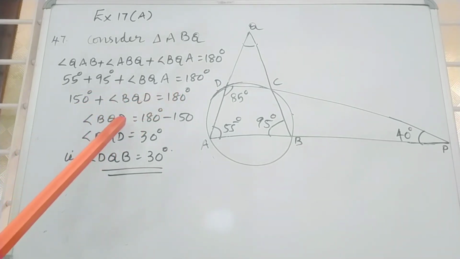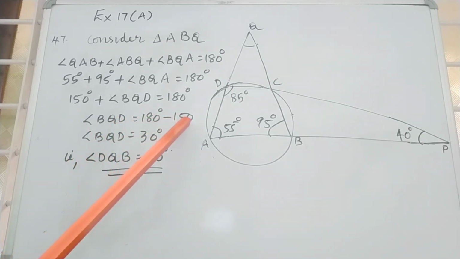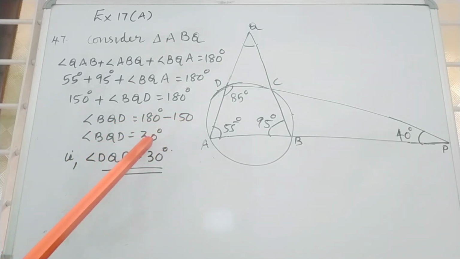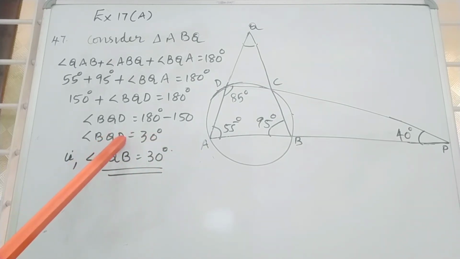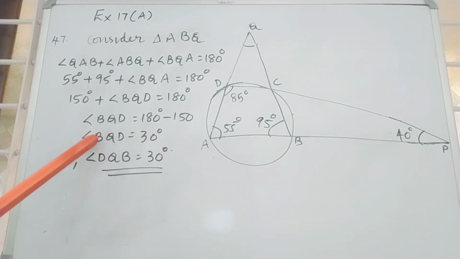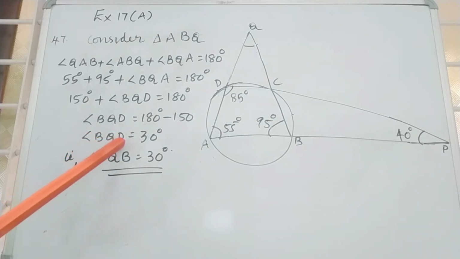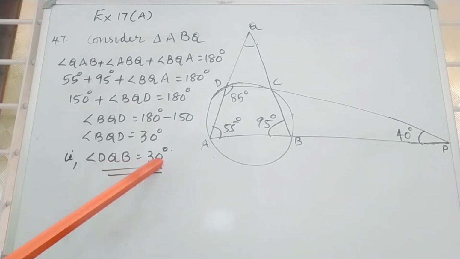So angle BQD is equal to 180 minus 150, which is equal to 30 degrees. In the question it is given as DQB, but BQD and DQB are both the same. So angle DQB is equal to 30 degrees.